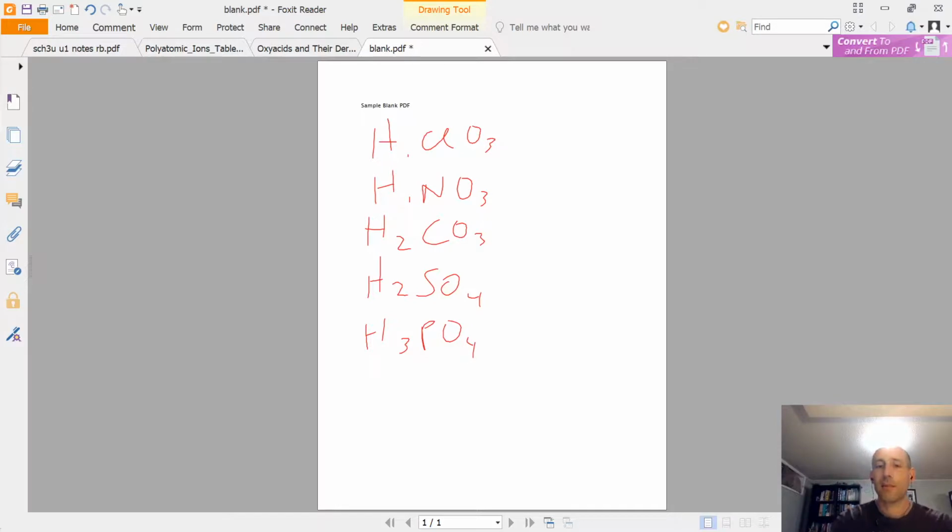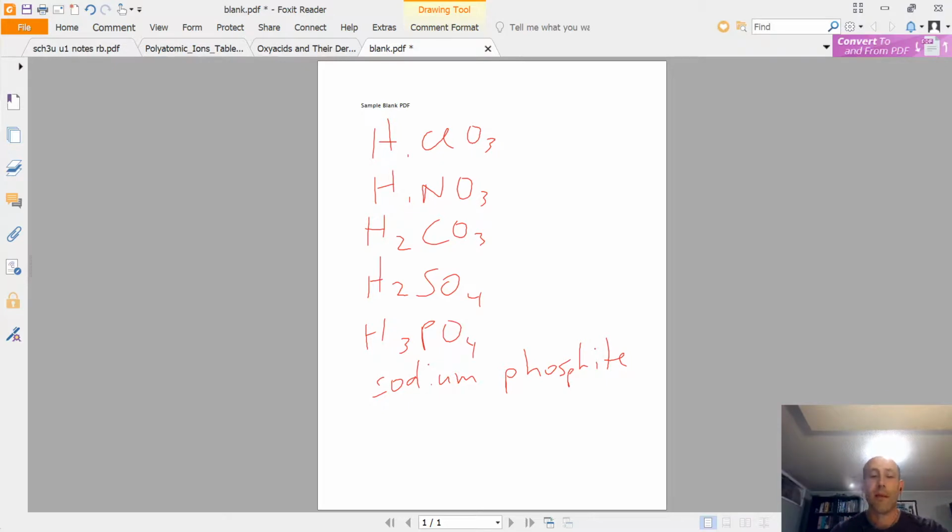Let's say somebody asks you, okay, I want the formula for sodium phosphite. And you're like, ooh, sodium phosphite. How do I do that? Well, you've got to use the cross-down method to figure out the correct formula of this thing. So if sodium has a +1 charge, you can find that on your periodic table. But the phosphite ion is not going to be on your periodic table. It's going to be related to this one. You just have to remember that ite means 1 less oxygen.